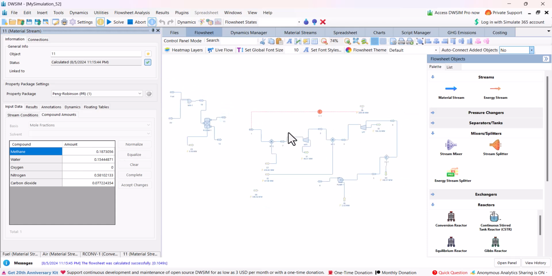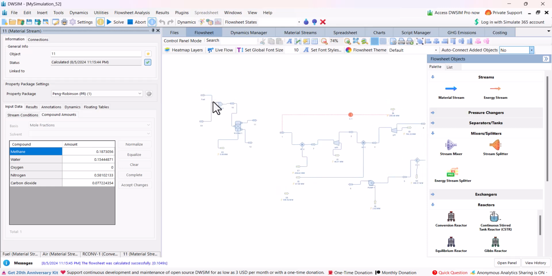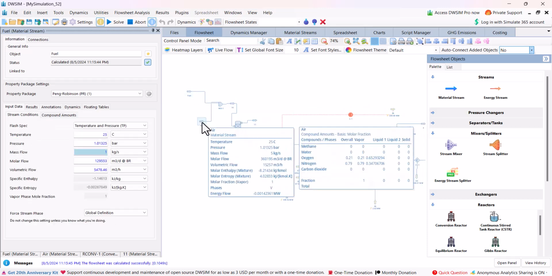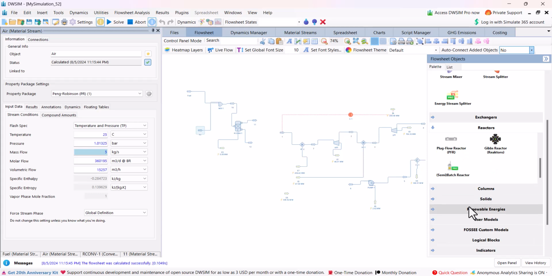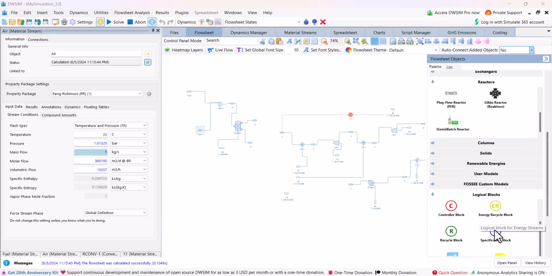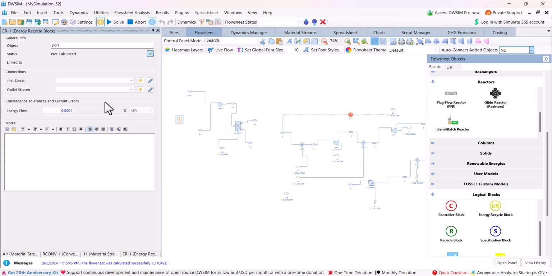So what we can do, we can have a specification block to provide the amount of oxygen required. There are so many ways. This is the very easiest way, not the recycle block.